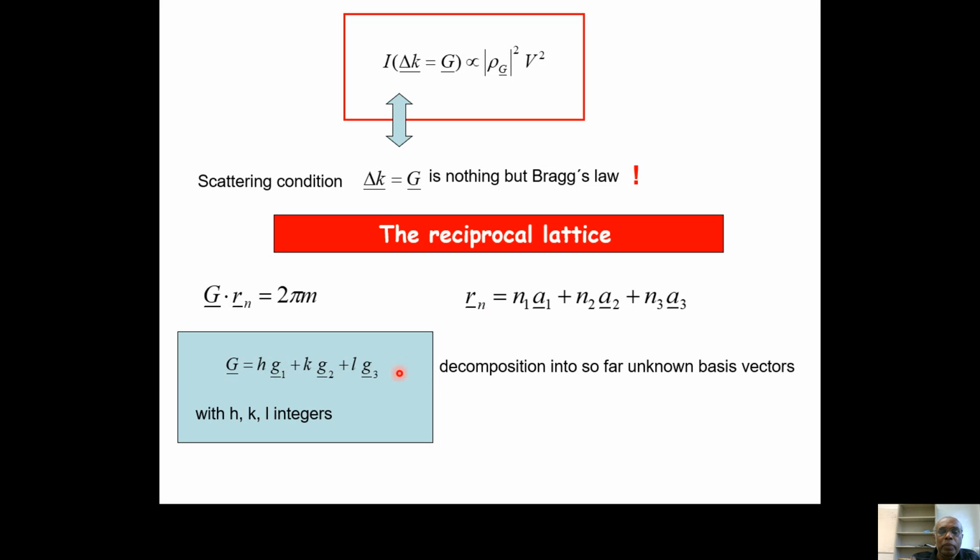G1, G2, G3 are the primitive vectors in reciprocal lattice space, while A1, A2, A3 are the primitive vectors in real space. G1, G2, G3 are the lattice vectors in reciprocal space, or Fourier space. These h, k, l are also integers, and they are related to the Miller indices. The h, k, l Miller indices are exactly those h, k, l.